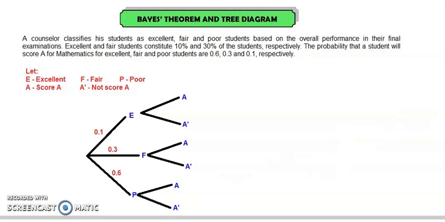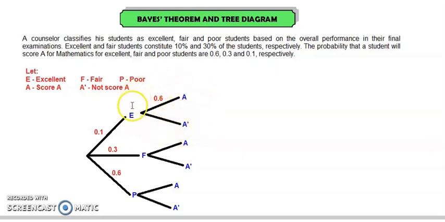Okay, then assign probabilities. Look at here. The probability that a student will score A for mathematics, for excellent, so given excellent, A is 0.6. So here is 0.6. If excellent scores A with 0.6, what is the probability of an excellent student who did not score A?